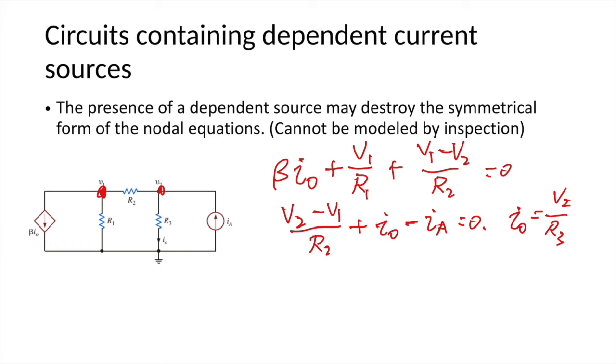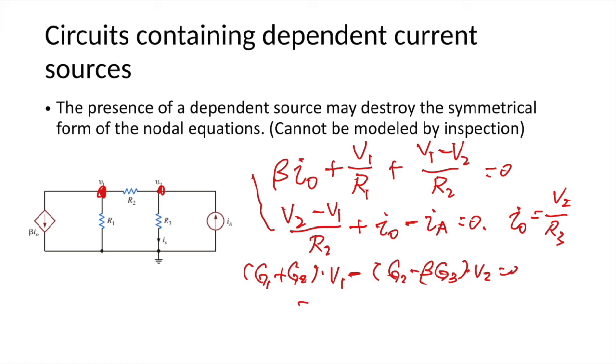So we can simplify these two equations, and we can get G1 plus G2 times V1 minus G2 minus beta G3 times V2 equals 0, and the negative G2 V1 plus G2 plus G3 times V2 equals IA.